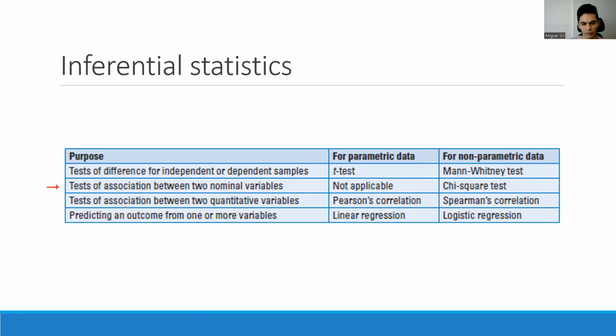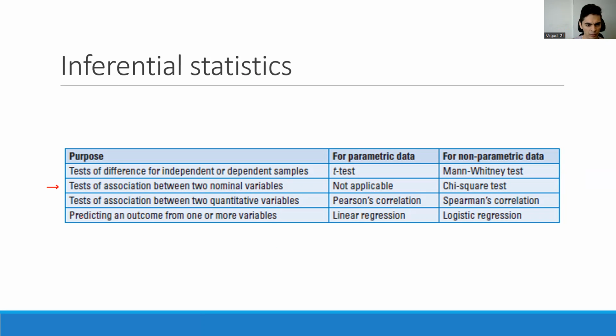If you want to test for association between two quantitative variables, any variable, if you want to test if there is association, the thing is that these tests, the t-test and the chi-square test, only tell you if the variables are different, if they are related, but they don't tell you how strong that relationship is.